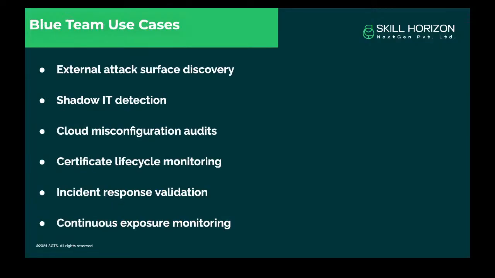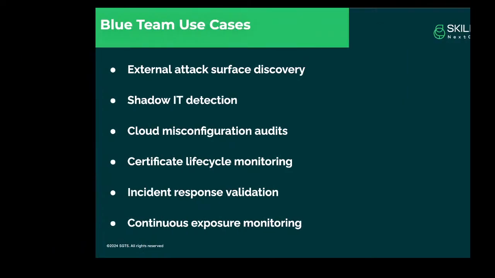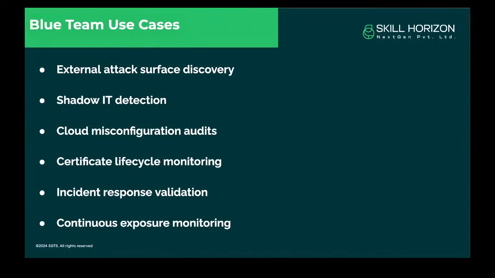So Blue Team particularly uses this Censys platform for many things, like attack surface discovery, shadow IT detection, cloud misconfiguration audits, certificate lifecycle monitoring, incident response validation, or continuous exposure monitoring.